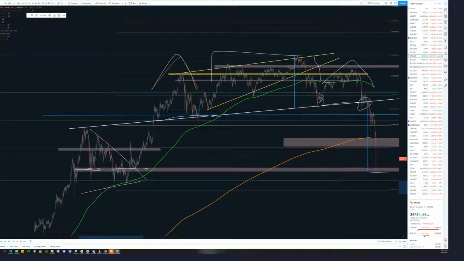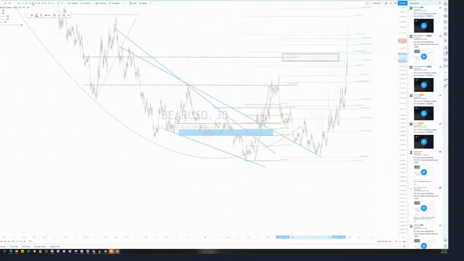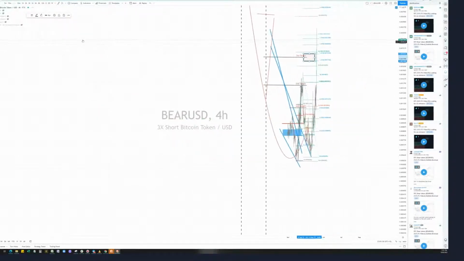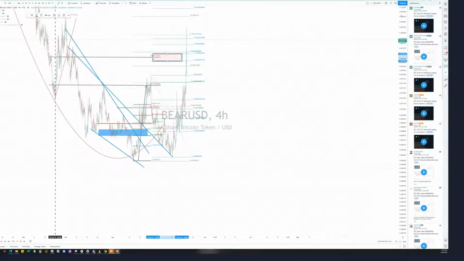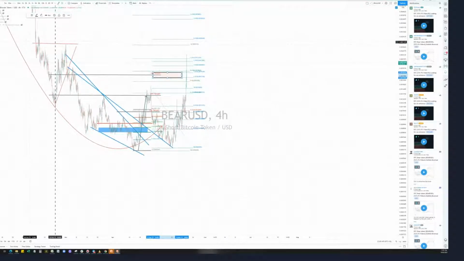Let me see. Now, what makes me feel that way as well, that we hit our mark, is I had this bear token, and if I can get it up, I had a few target points. This bear token also meets my requirements as a target.